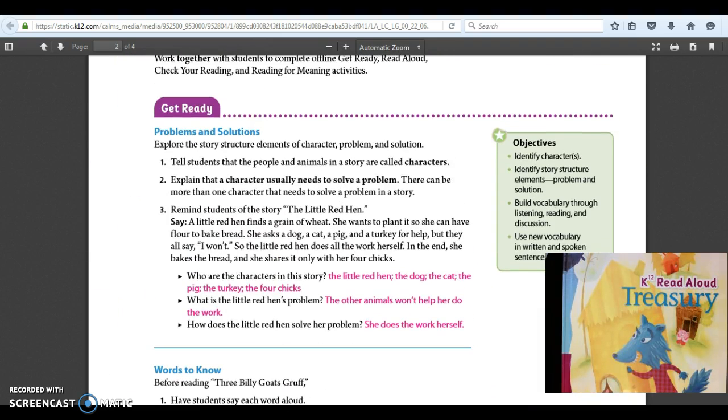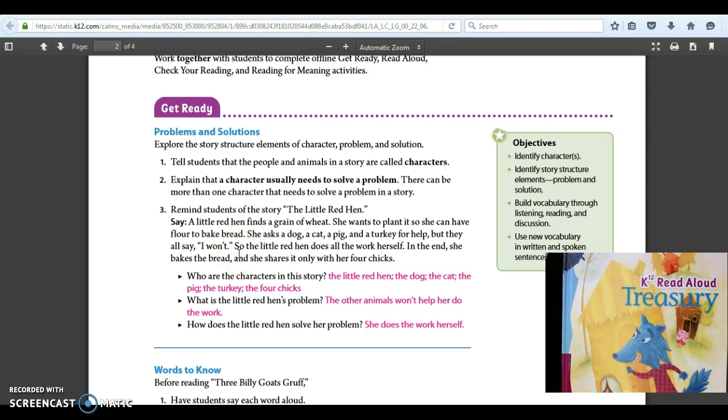All right. In a story, we have characters, and they're usually people and animals. And the characters usually need to solve a problem in a story or a play. There can be more than one character that needs to solve a problem in a story. We have read the story, The Little Red Hen. I'm going to summarize that story for you.